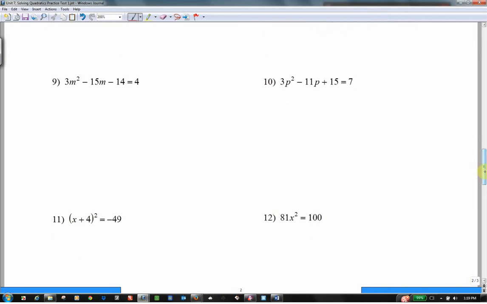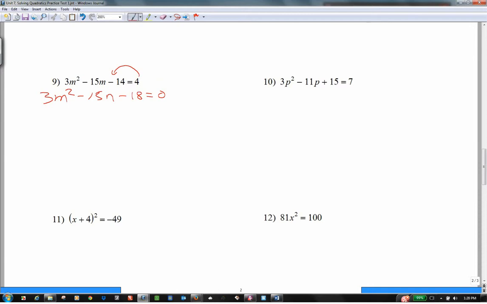Moving on to the next one. I'm going to see if I can use AC middle on that. That means this number here needs to move to this side by subtracting 4 from both sides. 3m squared minus 15m minus 18 equal to 0.